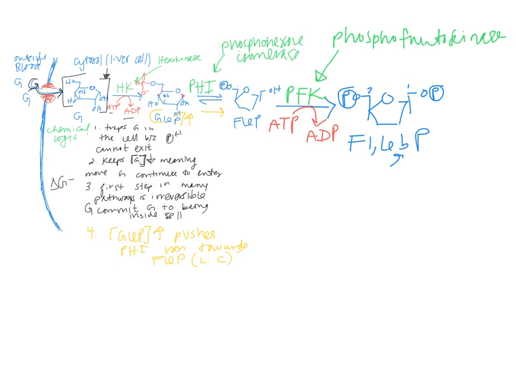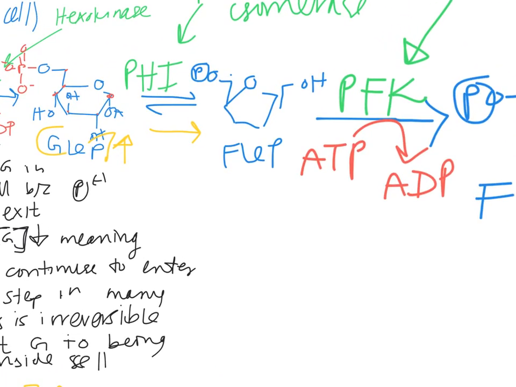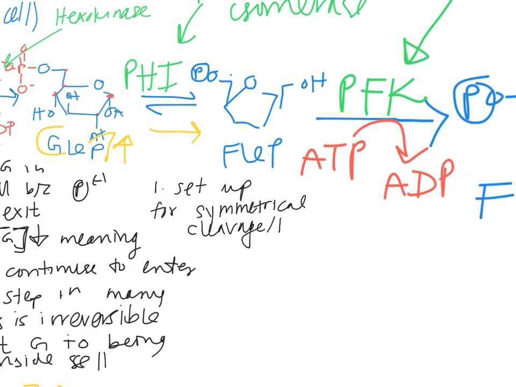And what I kind of forgot to say about phosphohexose isomerase is that the reason that there's an isomerization right here is because it is going to set up for a symmetrical cleavage or hydrolysis, because glycolysis is going to cleave the sugar, or break the sugar, into two pieces.